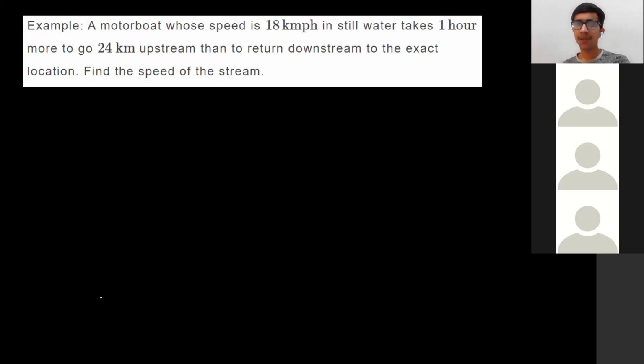Okay. Do you know the meanings of the terms upstream and downstream? Yes, sir. Upstream is when a boat is going up, and downstream is when the boat is going down. Basically, upstream means that you are going against the river flow. Let's say you have the river like this and this is your boat and the river flow is like this.